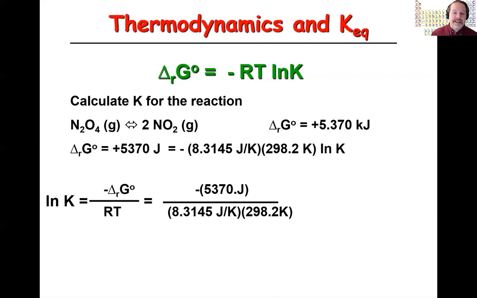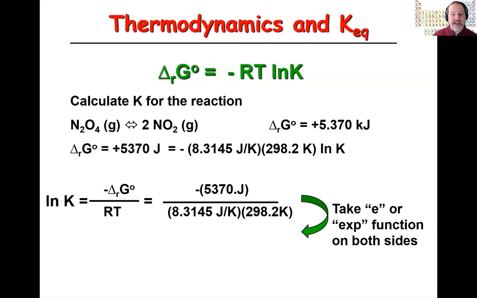So that gives me the natural log of the equilibrium constant is equal to these numbers. So now my joules will cancel out and my Kelvin will cancel out, and I'll get a unitless number. And then all I need to do with that number is take the exponential function, which undoes the natural log of both sides. It gives me 0.11.